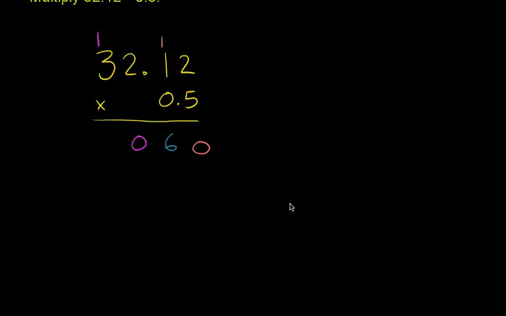Regroup the 1. And then finally you have 5 times 3 is 15, plus 1 is 16. And then we don't have any other places. This 0 really isn't, if we were just doing this as 0,5, we wouldn't multiply 0 times this whole thing, we'd just get 0 anyway. So just 5 times 3,212 gives us this number, but now we want to care about the decimals.